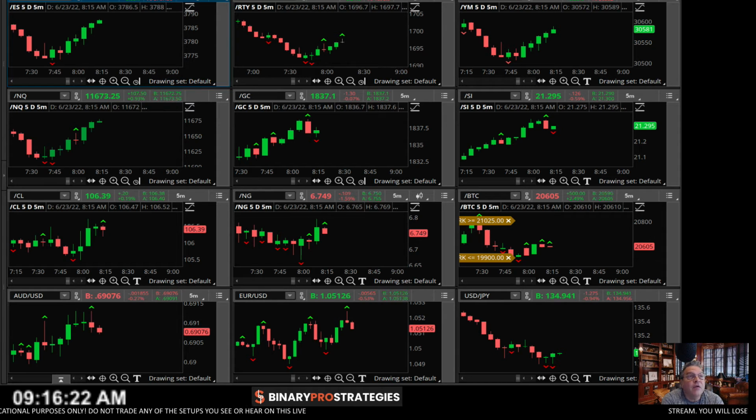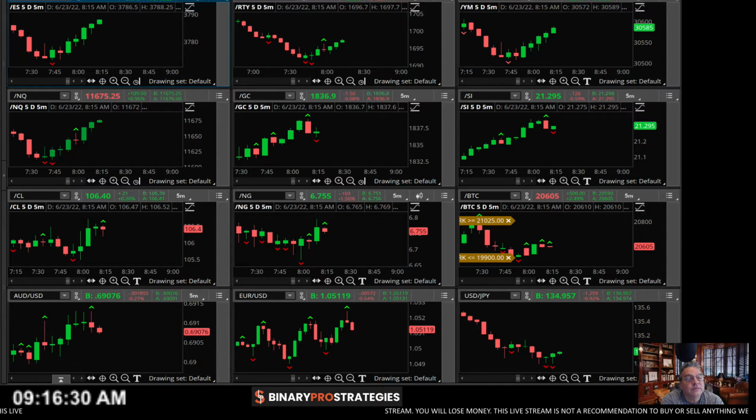Have a short now on the US yen. We have what we call a double short on the US yen. It's going to be part of the core package. Let's get some numbers on that.